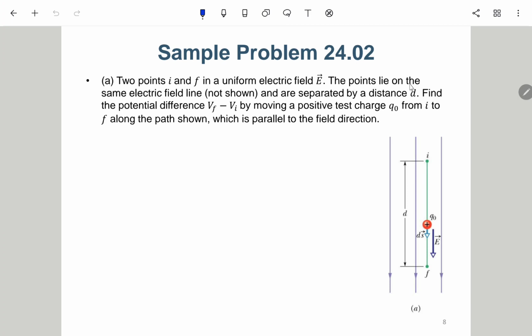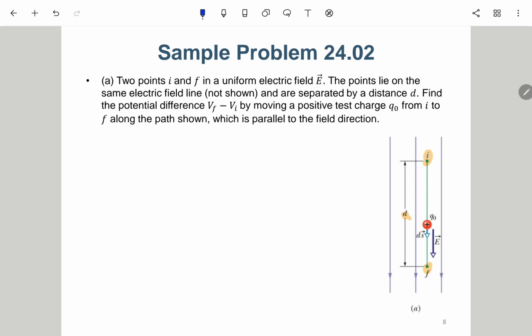The points lie on the same E field line, not shown, and are separated by a distance D. So you can see here, this is I, this is F, and then with a distance D. Find the potential difference Vf minus Vi by moving a positive charge Q0 from I to F along the path shown, which is parallel to the field direction, which means that we move the charge like this.